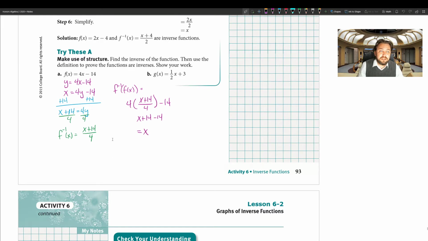Oh, I did it backwards. This should be f of the inverse of x.